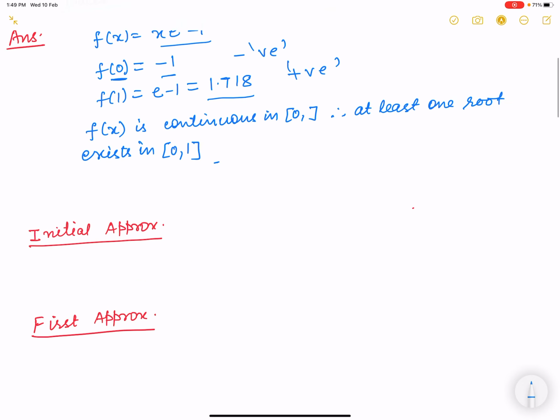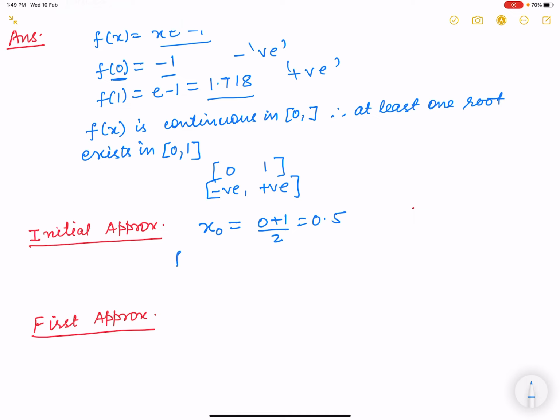So it means that in the interval 0 and 1, the function is negative and positive. Right. So we'll start with the initial approximation, and in the bisection method, we'll bisect the interval, that is (0 plus 1) by 2, that is 0.5.